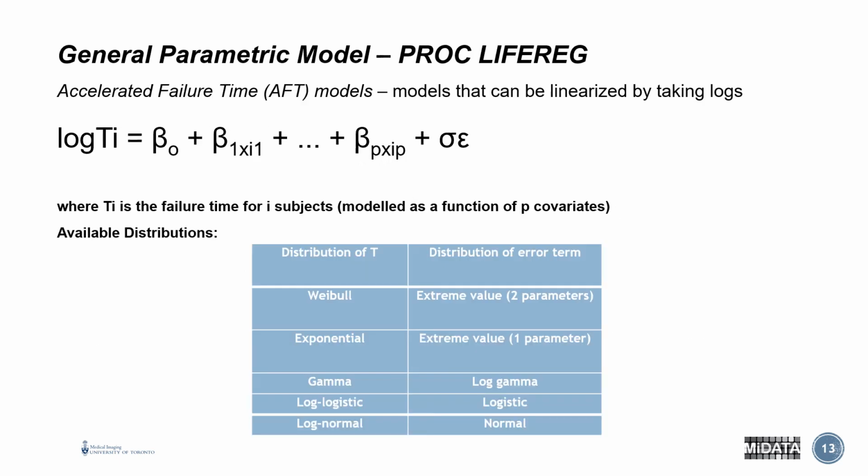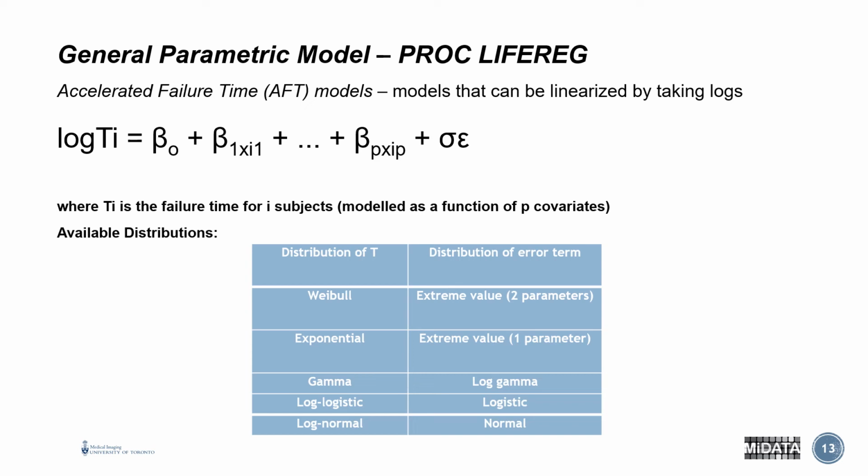When using proc lifereg in SAS, we are performing parametric survival analysis, and the reason for this is because we're using a general parametric model, just like proc GLM, as we pointed out in previous slides. Now, in order to be able to work with censored data, SAS uses what's called an accelerated failure time model, and this is simply a way to linearize the model by taking the logs.